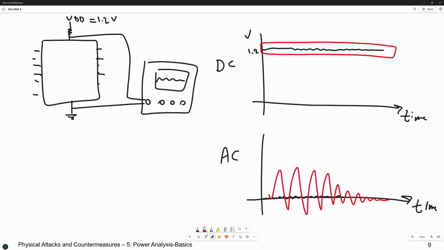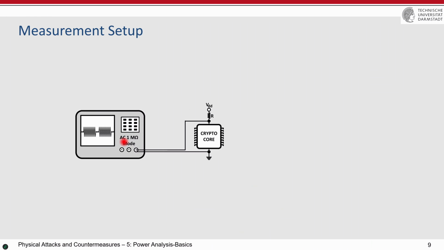This is the reason that when you connect the oscilloscope to the two sides of the chip instead of two sides of the resistor, you need to measure in the AC mode. Otherwise, you will have very much noise and the accuracy will be very small, and your oscilloscope may not actually support this, because it should support a very high DC shift if the amplitude of your signal is very small.